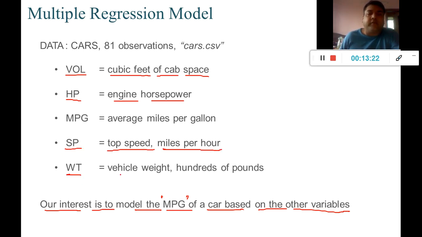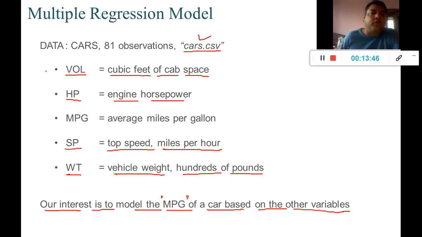And the weight of the vehicle, which is in hundreds of pounds. This data belongs to cars.csv, and it is available in R itself. The R tool has a lot of data sets available for doing analysis, practice, or understanding how it works, right?